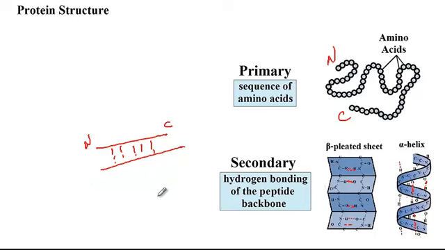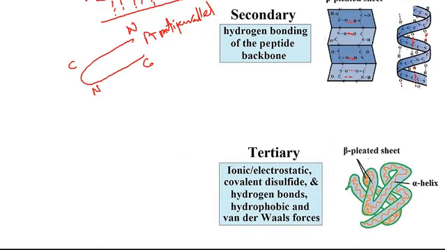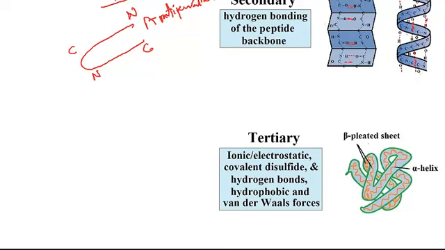Versus if we have a protein like this, where we have N to C, and then here would be C to N, this is now an anti-parallel beta-pleated sheet structure.